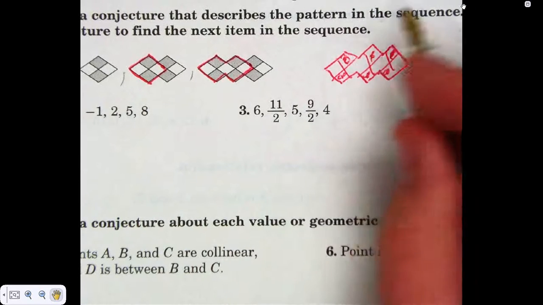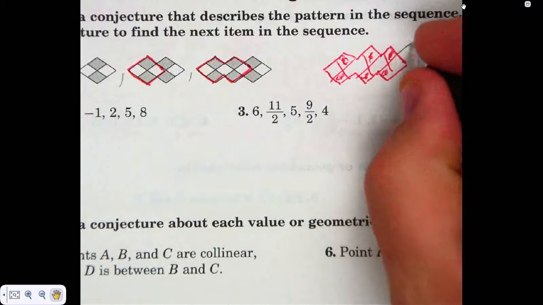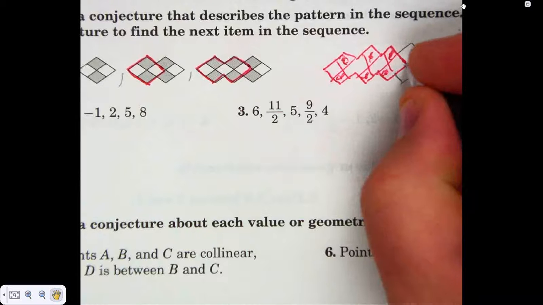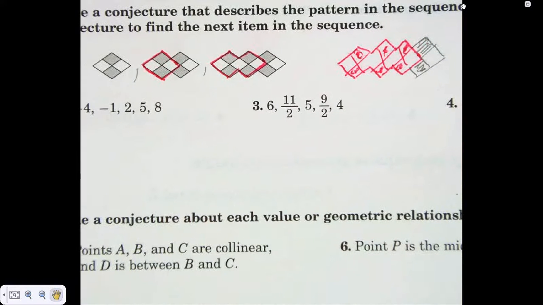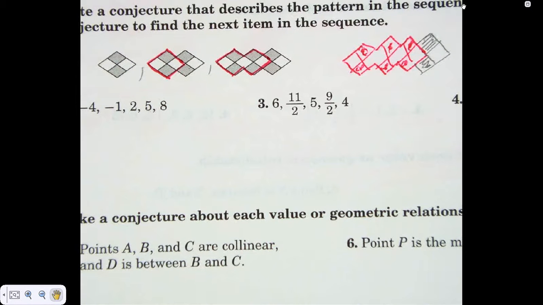What are we going to add to it? We're going to add basically 3 right there, aren't we? We used inductive reasoning. We used a specific number of examples to come up with a conjecture. Make sense?